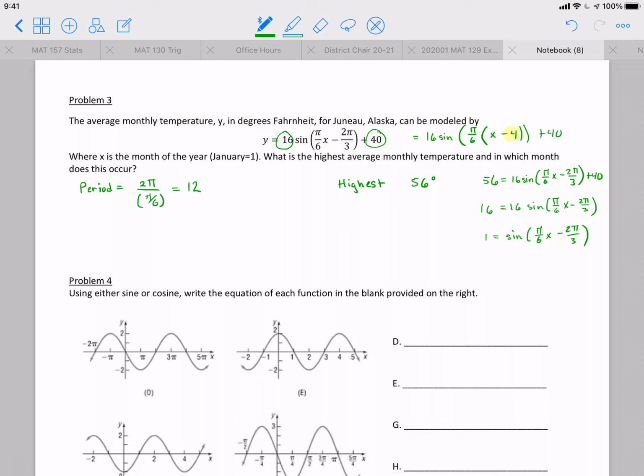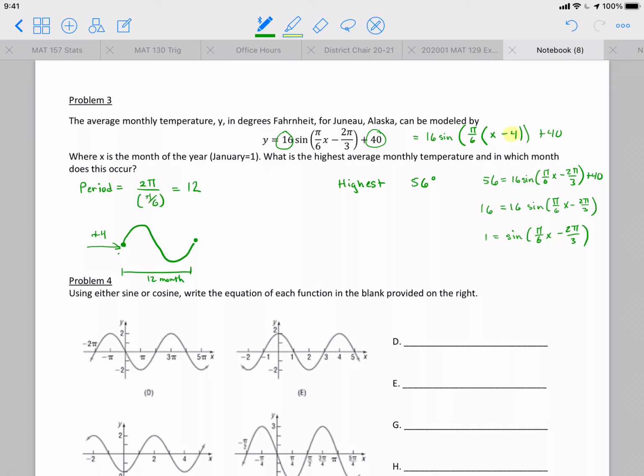So it doesn't start here at January. It's been shifted over 4. So January, February, March, April, right?